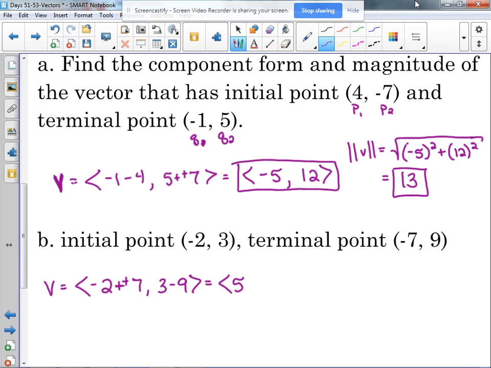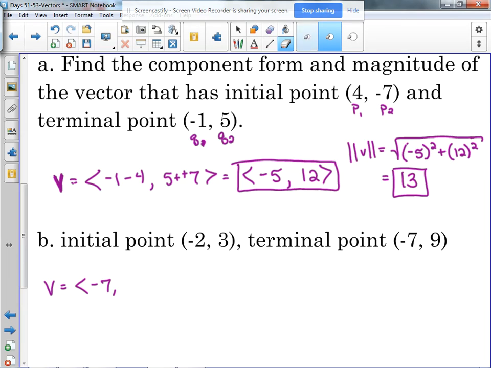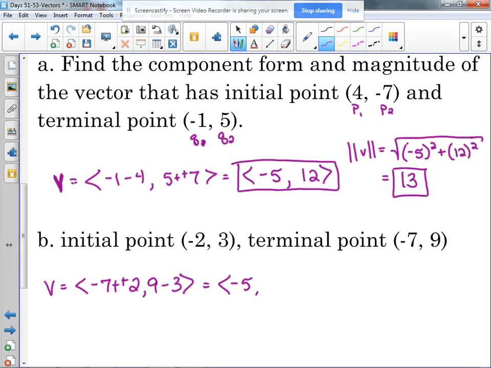The order does matter. Sorry. That was not a true statement. The order does matter. You do have to do the second one minus the first one. I was not looking on that. When you add, it doesn't matter. When you subtract, it most certainly does. My bad. -7 minus -2 is -5. 9 minus 3 is positive 6. My apologies.